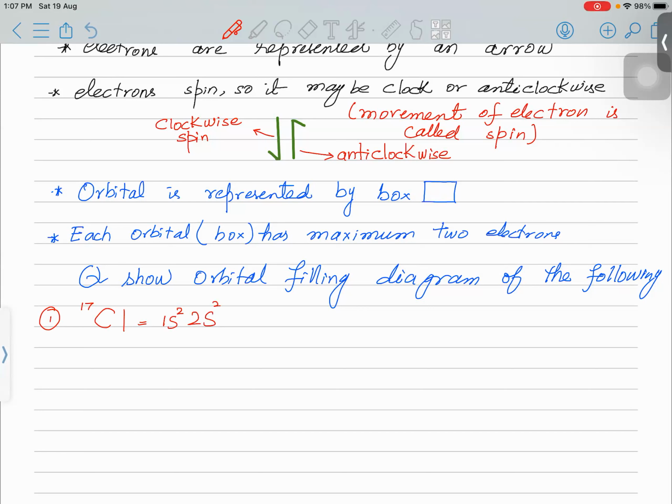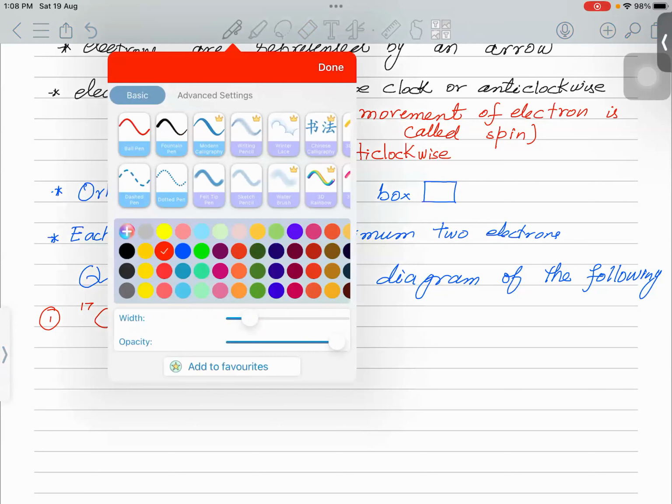Can anyone tell me the electronic configuration of chlorine? 2p6, 3s2, 3p6, no, 3p5. Yeah, it should be.